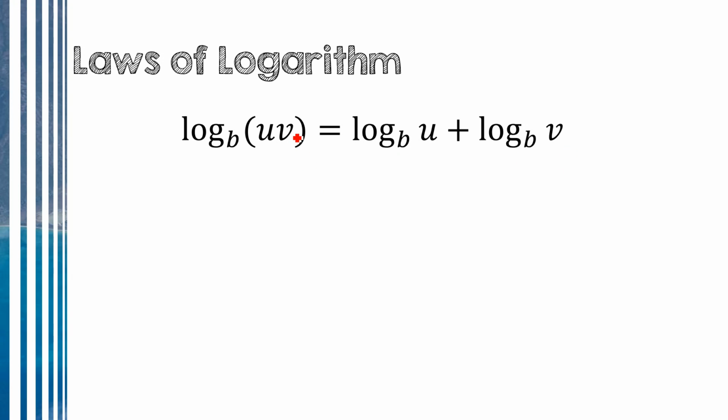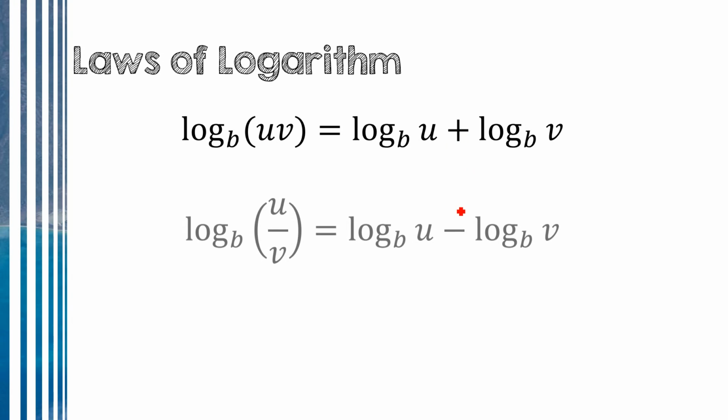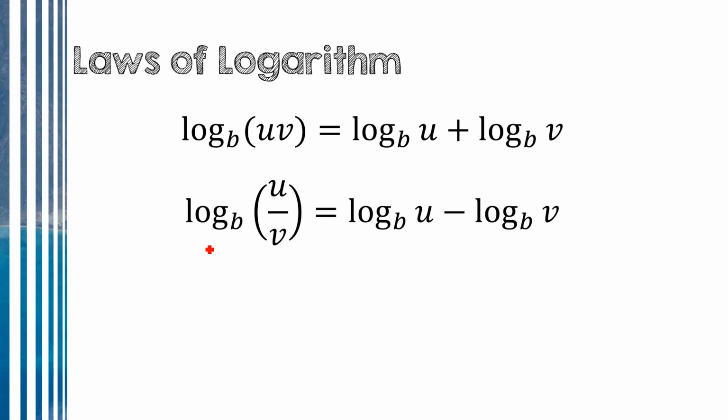So in other words, if the argument has a multiplication operation, then this can be transformed into addition. Another: the logarithm of u over v with base b is equal to the logarithm of u with base b minus the logarithm of v with base b.